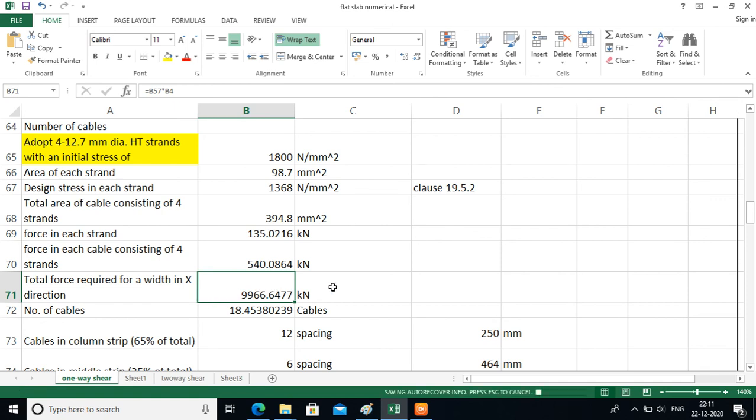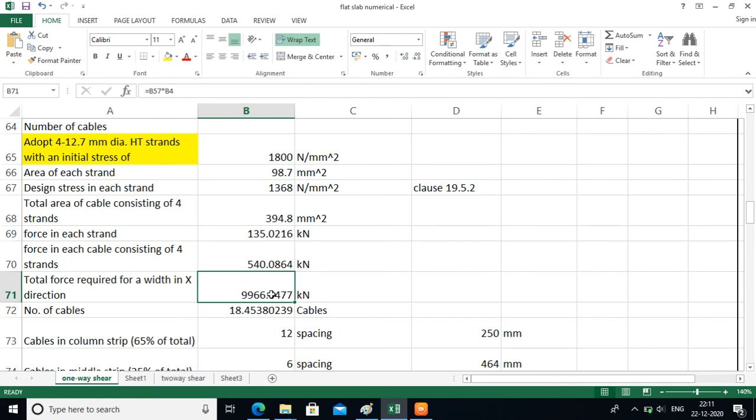Now this is the total force we have, but we don't have any cable to take this total load. Our cable is going to take this much, so this is the maximum capacity of our cable. So 540.0864 is the capacity of the single cable, and we have the total force of 9966.6477 kilonewton.